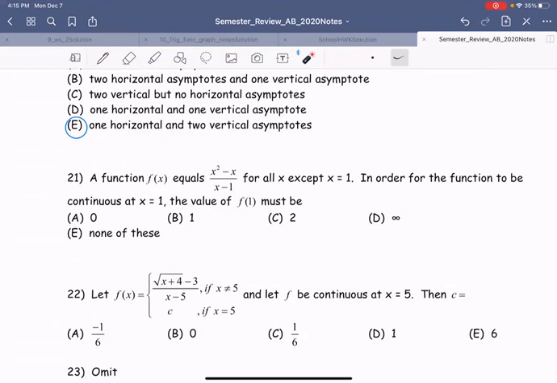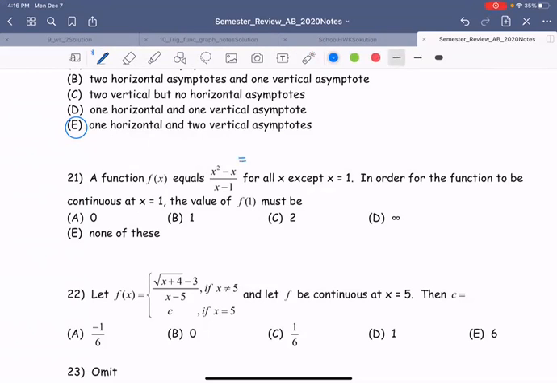So it says in order for the function to be continuous at x equals 1, the value of f(1) must be what? Infinity? You see? I need a hint.